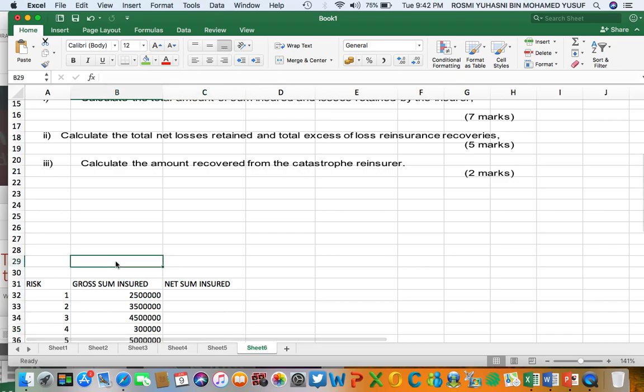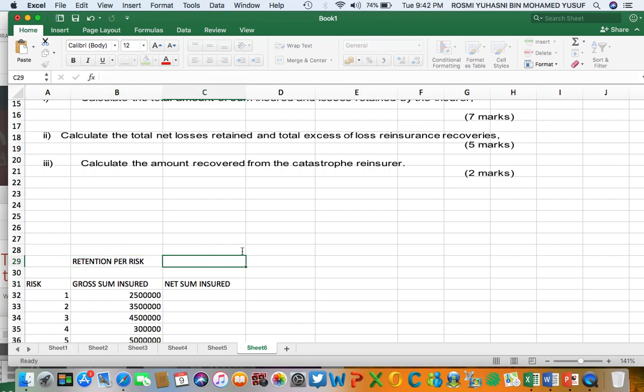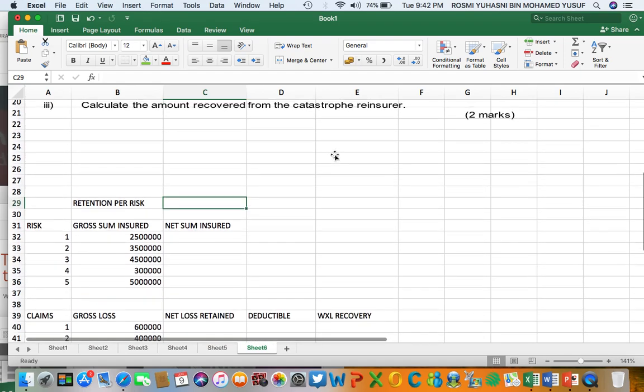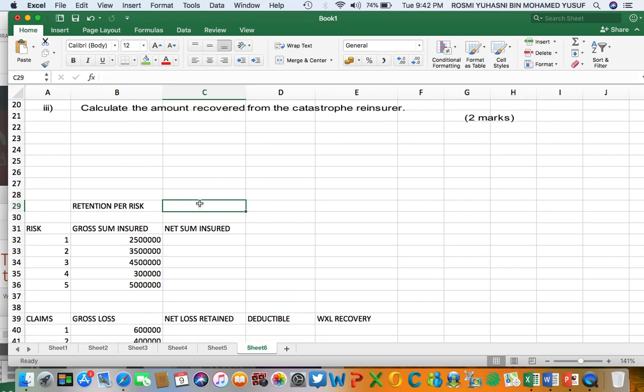So we know that retention per risk is actually this amount, 2 million, the cover plus the deductible, which is 3 million. So for all the risks, insurer will retain up to 3 million per risk. You have to remember that.